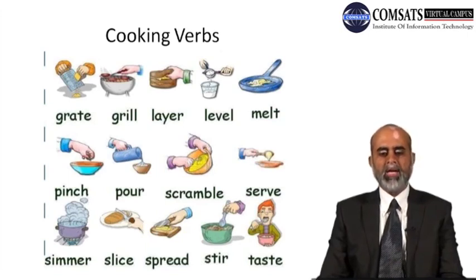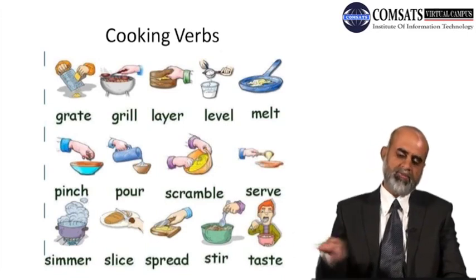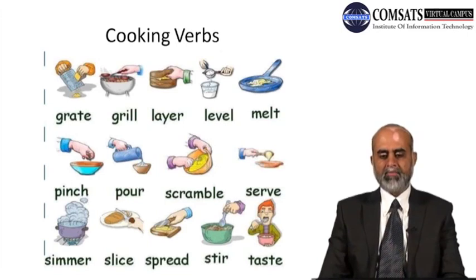Okay. Then we have grill. Grill, I told you earlier that this is one way of cooking. Then you have layer. There are lots of things that when you cook, you make different layers of things. Level.